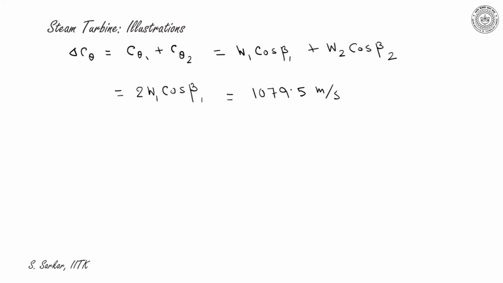Now del CZ here should be equal to CZ1 minus CZ2. Since the blades are symmetrical and W1 and W2 are equal, this must be equal to 0.